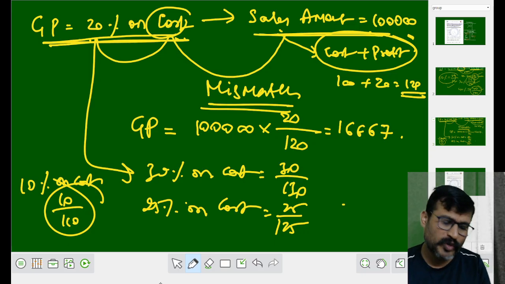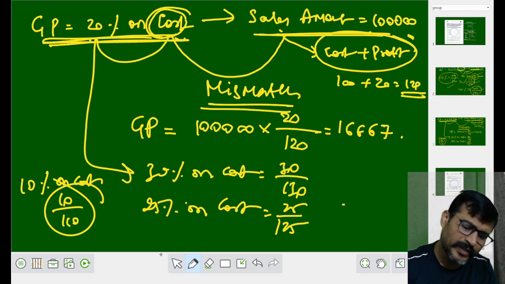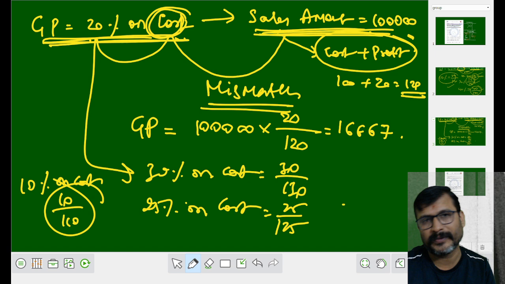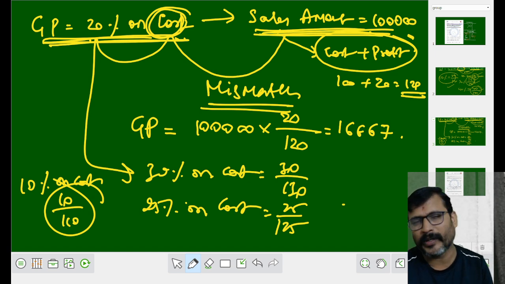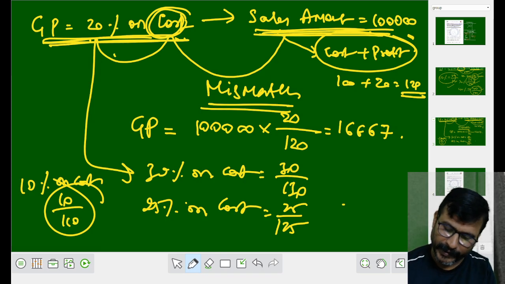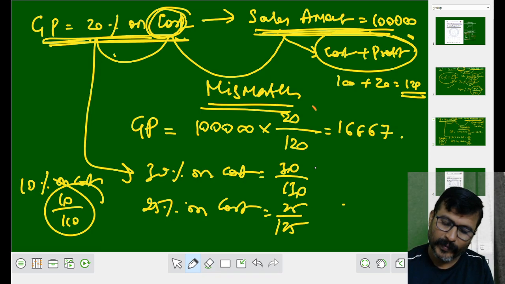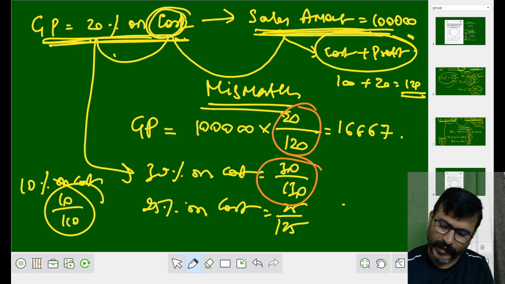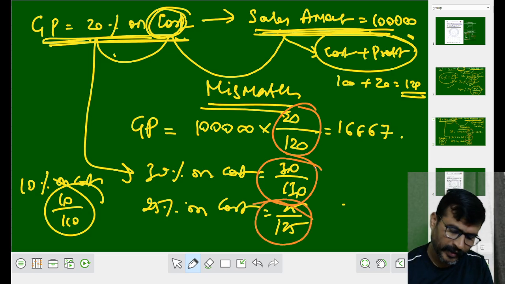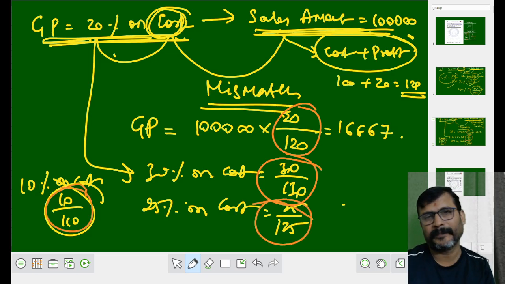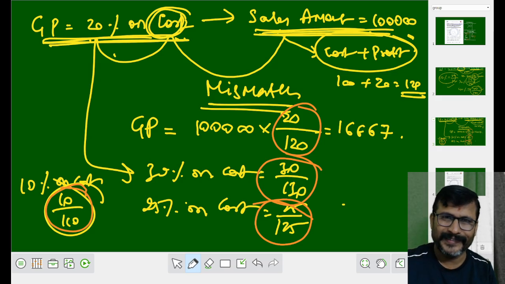But here is a mismatch. Profit is on cost, but you know the sales amount. In such case, we have to take for 20, 20 by 120, for 30, 30 by 130, for 25, 25 by 125, for 10 it is 10 by 110. I hope you got it. This is the second concept you need to remember.